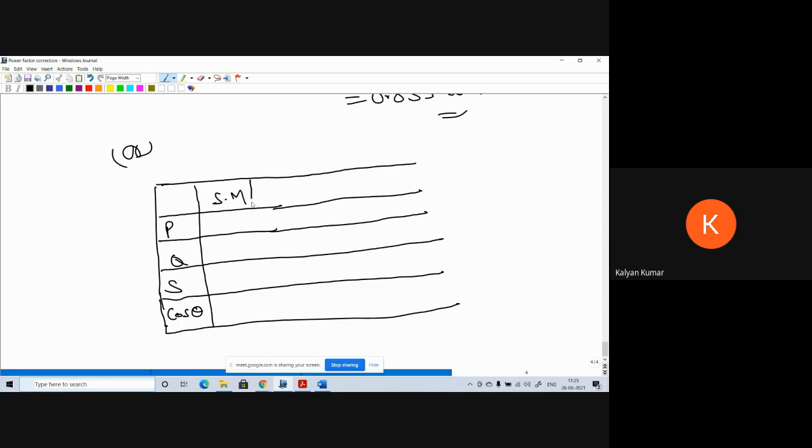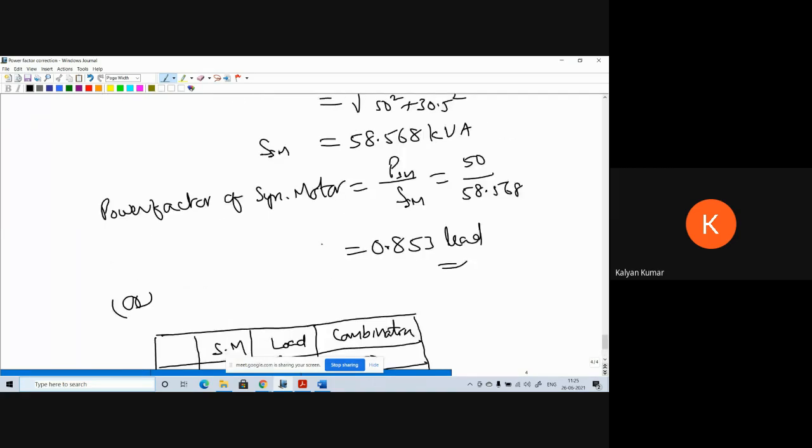Synchronous motor we are connecting, already some load is there, and this is the combination. For this problem, if you take, the synchronous motor is absorbing 50 kilowatts and the load is taking 200 kilowatts. It is in kilowatts, it is in kVAr, this is in kVA. Now the combination is 250: 50 plus 200, 250.